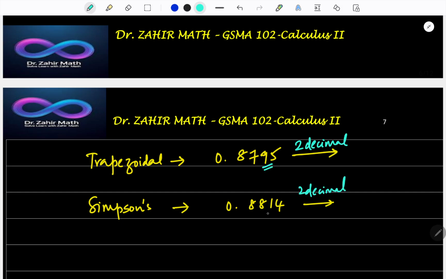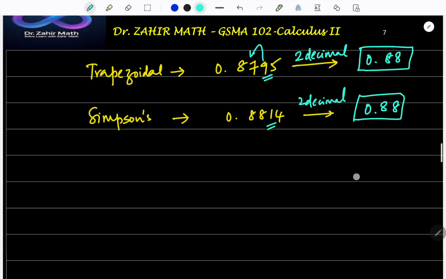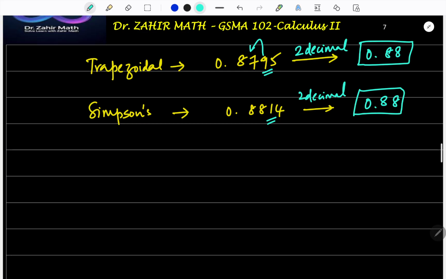Here the digit is more than 5, so it goes up by 1. Here it is not more than 5. So 0.88. Now this also 0.88. Okay, so your answer is 0.88 in both the situations. So the final answer is 0.88. How to check your answer is correct or not?